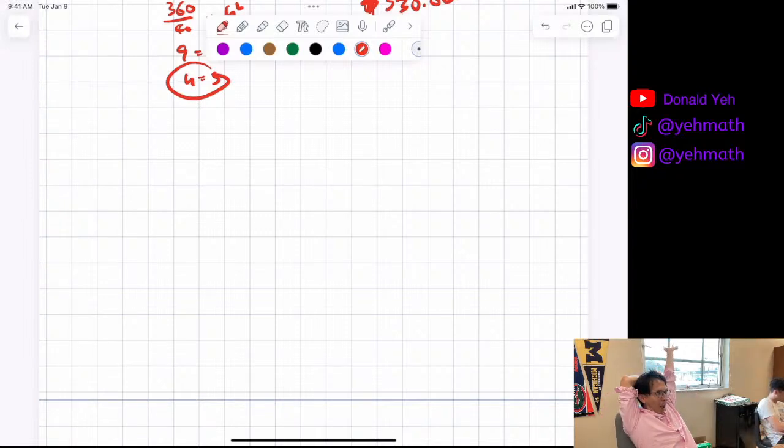Basically, splitting up the dimensions of the prism. Like I did here, 4L is my base, and your bottom is your base.